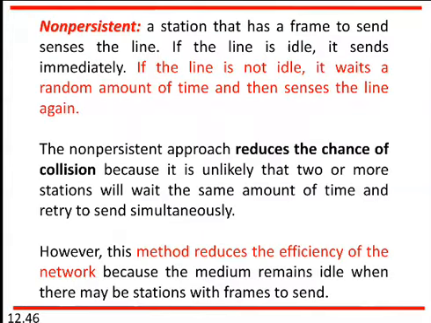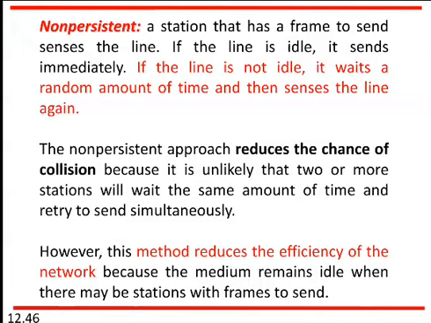In the case of the non-persistent method, if the line is idle, it sends. If it is not idle, that means it is busy, it waits for a random amount of time. In this case, it reduces the chance of collision because all the stations may not wait for the same amount of time.